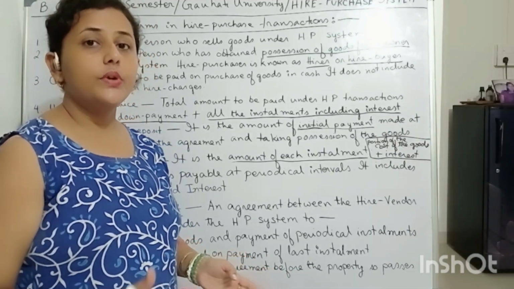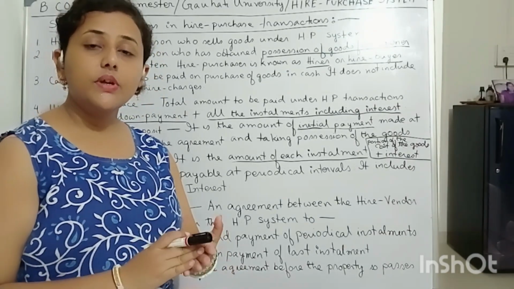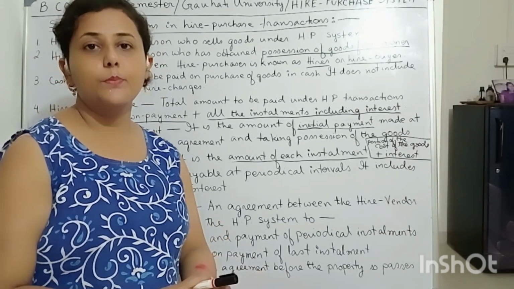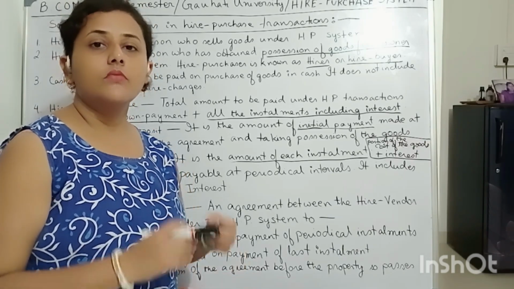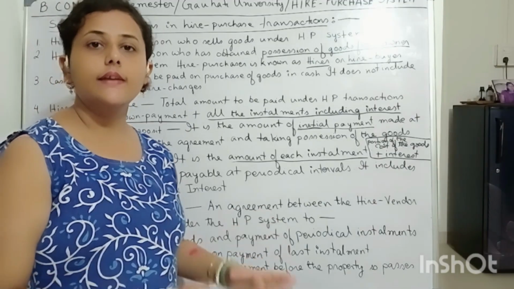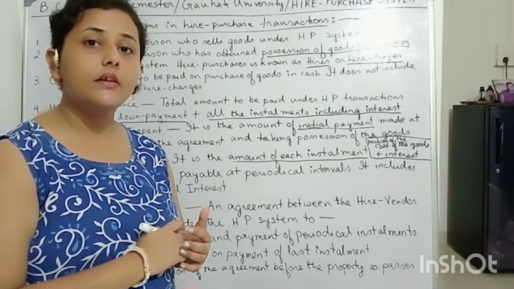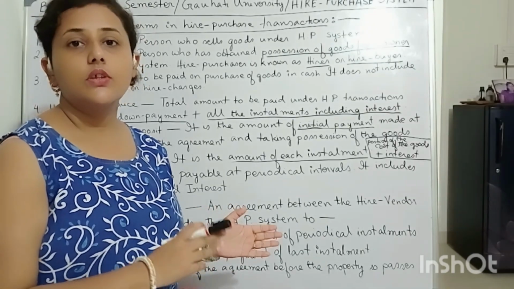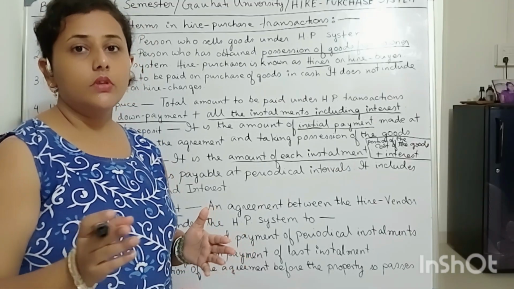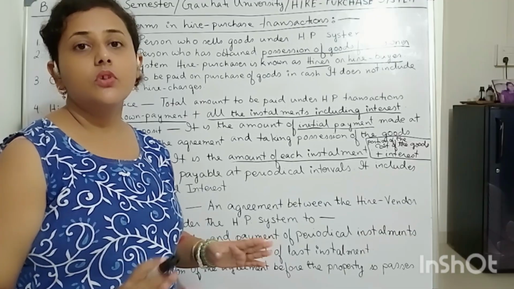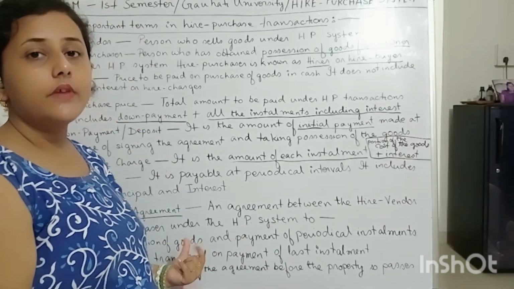Before the payment of the last installment, as the hire purchaser is paying the installments, the hire vendor can terminate the agreement, because the ownership lies with the hire vendor until the last installment is paid by the hire buyer. So in between, the hire vendor can terminate or end the agreement. He has that right.